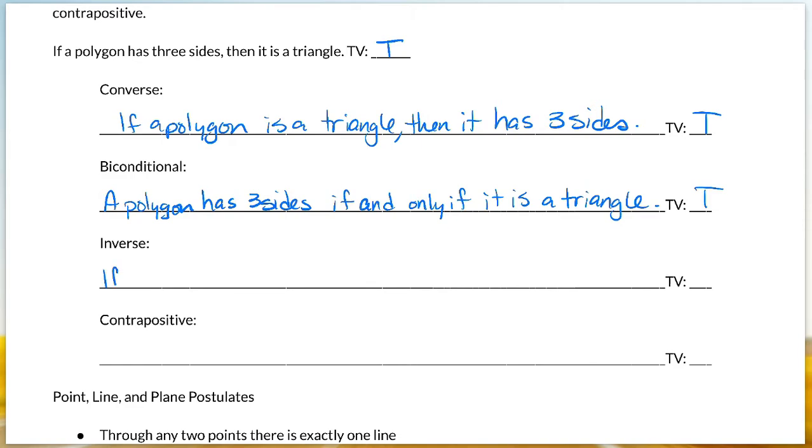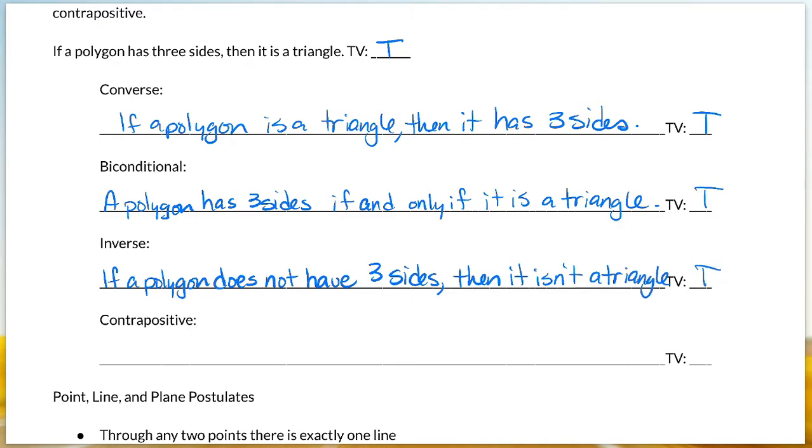So we're going to say if a polygon does not have 3 sides, then, don't forget the if and the then. Those are probably the most common mistake because people forget them. It isn't a triangle. And that would be true.